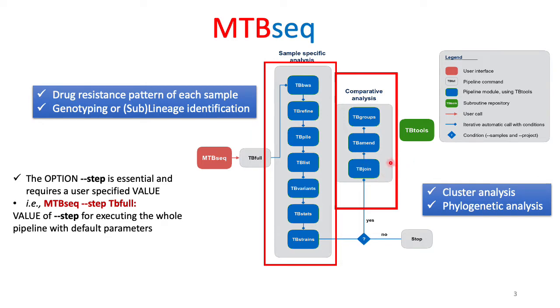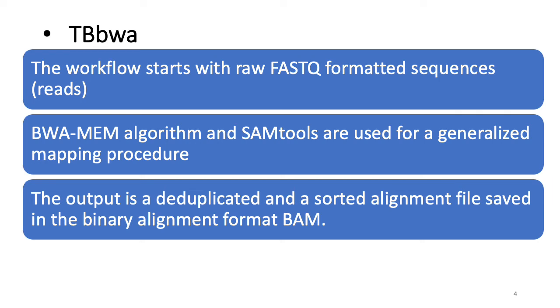It means that you only had the chance to have information on the resistance-associated mutations and the genotyping, but you couldn't do any comparative analysis for cluster identification or phylogenetic analysis. This is one of the advantages of MTBseq with respect to the previously described pipelines. So let's briefly review the steps of MTBseq.